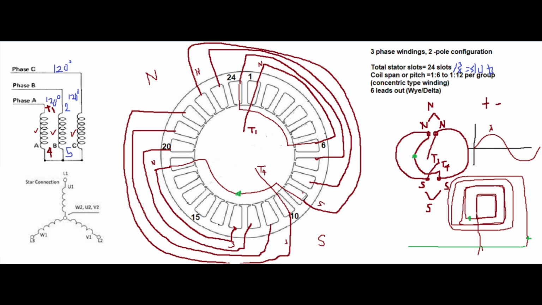So the terminal of phase 2 is here. This will be 1 to 6, 1 to 8, 1 to 10 and 1 to 12.